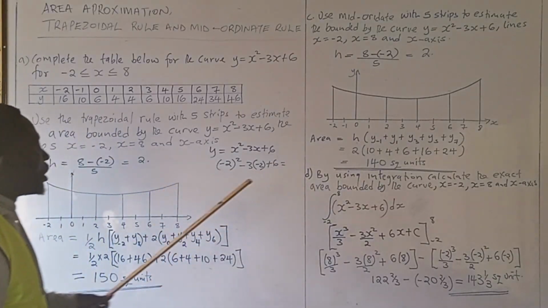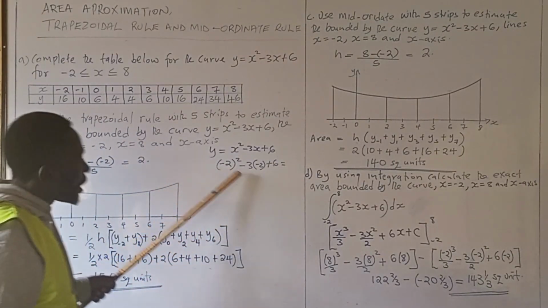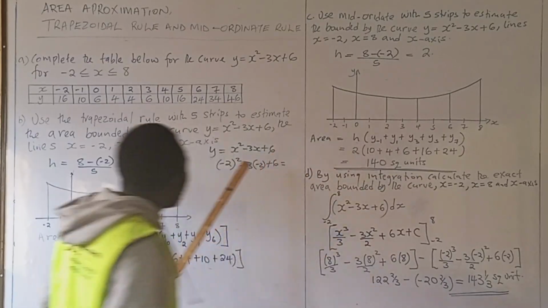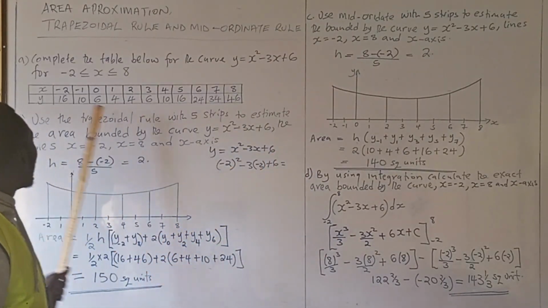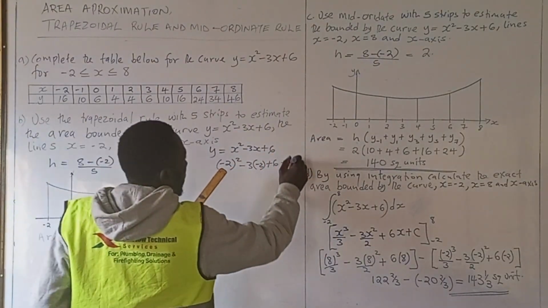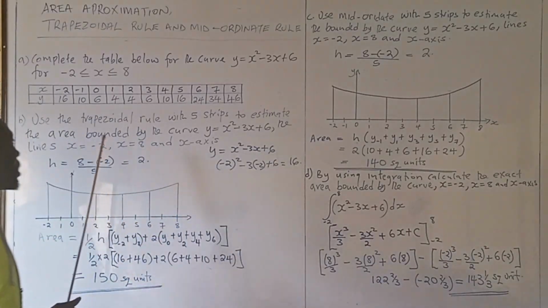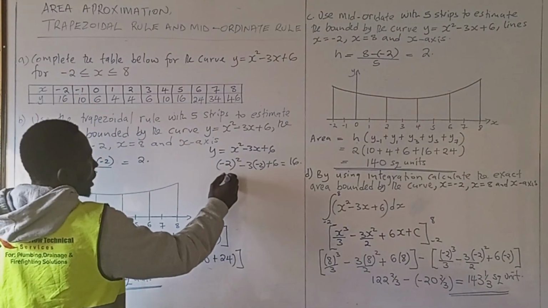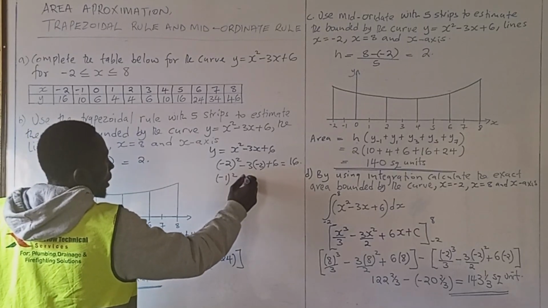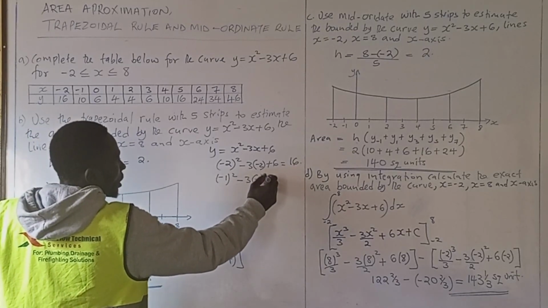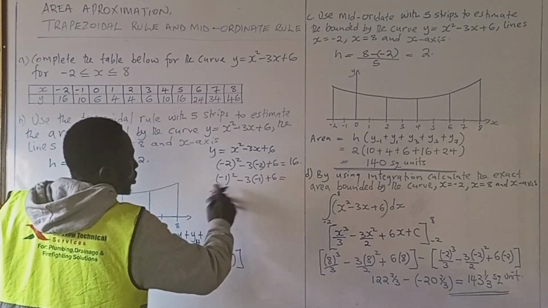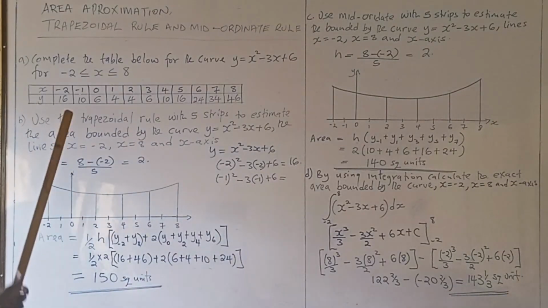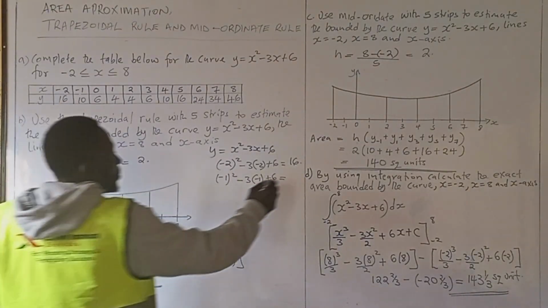If you press it in your calculator the way it is, with the brackets, you get 16. Then you go to the second one, which is negative 1. You get negative 1 squared minus 3 into negative 1 plus 6. You just press it the way it is in your calculator, you get 10.